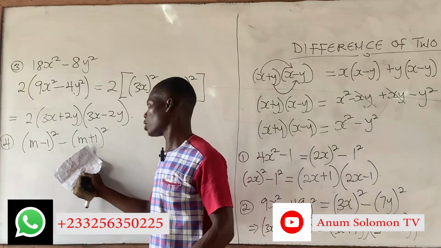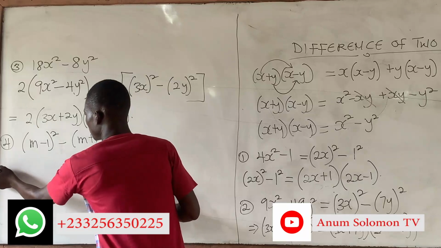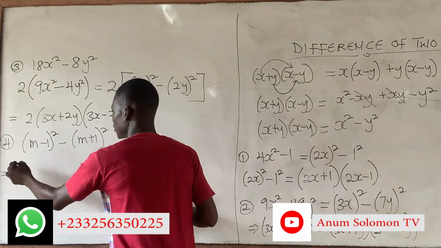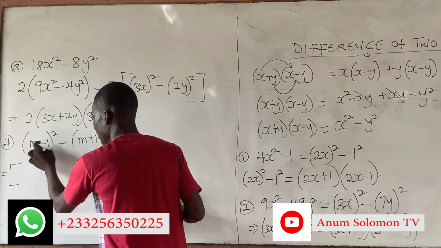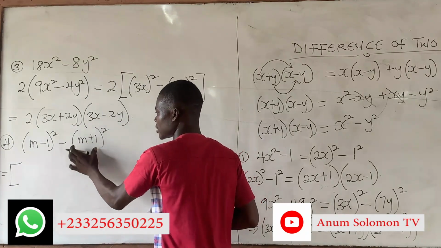So now let's solve this problem. Which is equal to the sum of the bases. You see, m minus 1 in bracket is the base, and m plus 1 in bracket is another base.